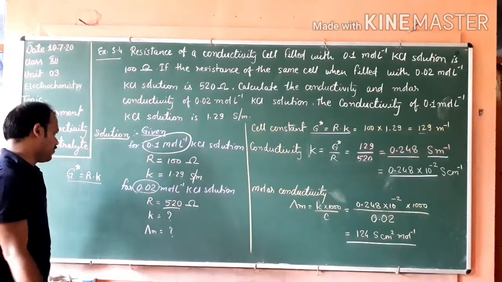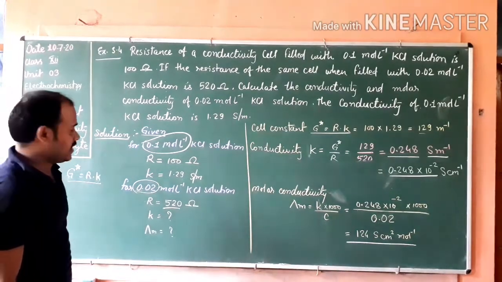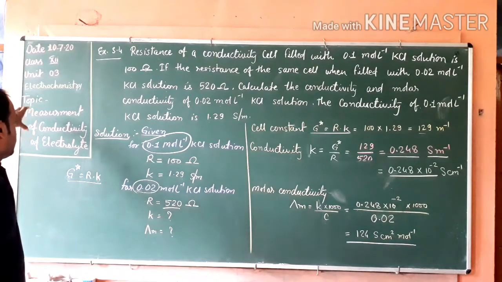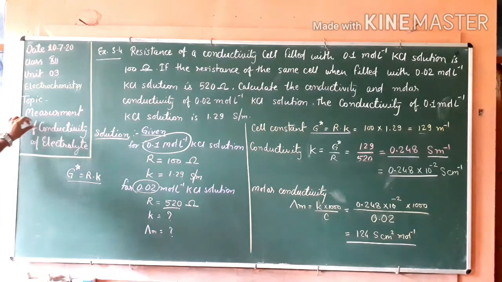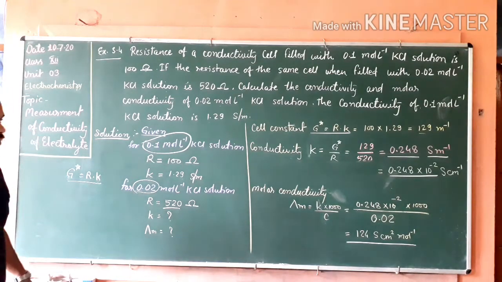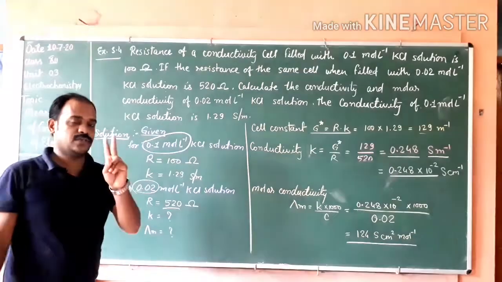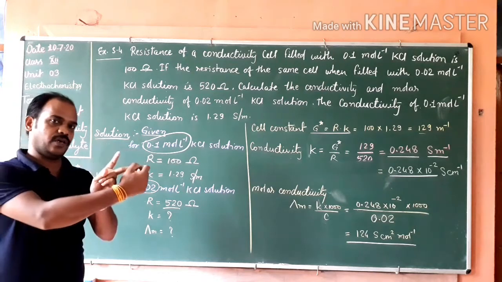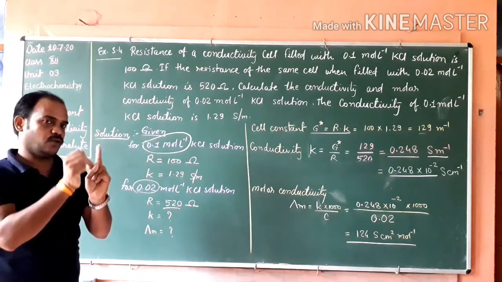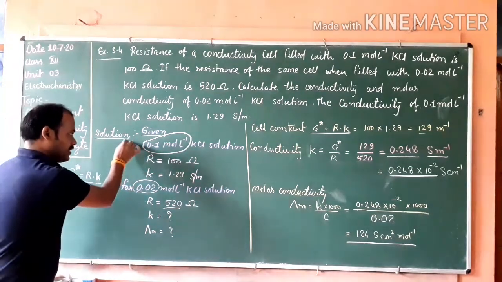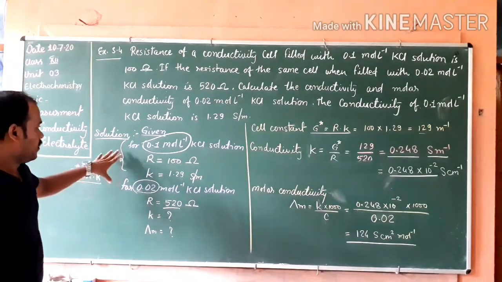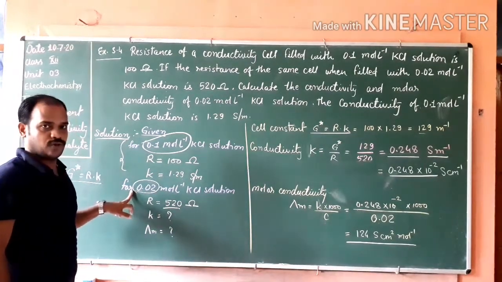Now one thing you should remember here. During the discussion for measurement of conductivity of electrolyte in a conductivity cell, we used that cell two times. First with standard solution, second for unknown solution. So this is the standard solution for which I was talking, and this one is the unknown solution.